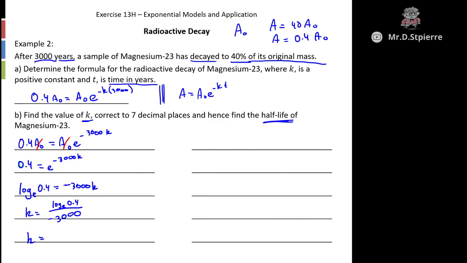Now, this is harder. How do we do log to the base e on your calculator? Most calculators will actually have a button for this. On our calculator, the top left, log to the base e is written as ln, and that's short for log natural.